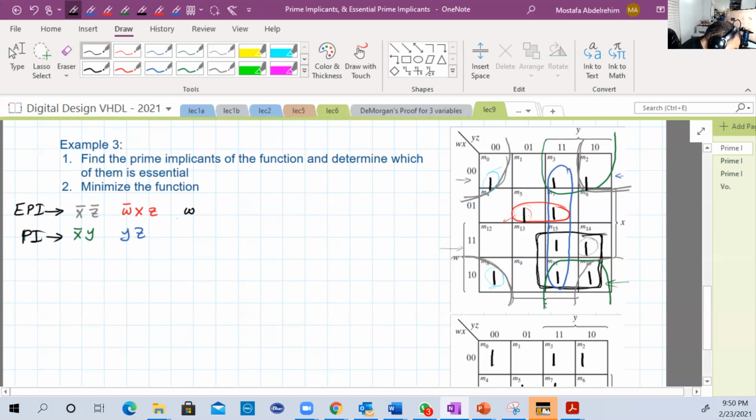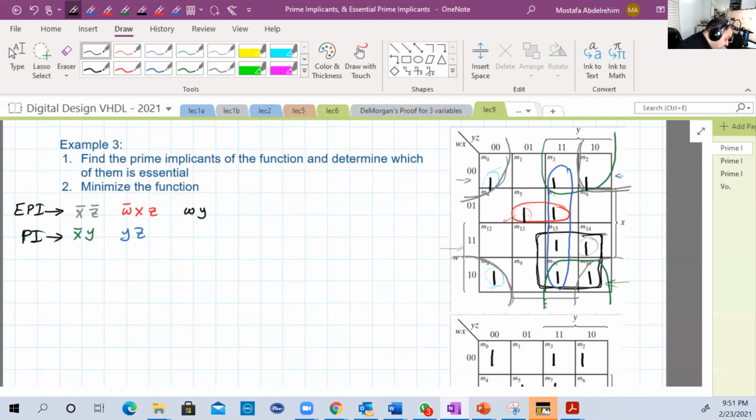Then after the W, we have Y, because X is changing. So WY, and again Z is changing as well. So basically we have three essential prime implicants and two normal prime implicants, or five prime implicants in total, three of which are essential.